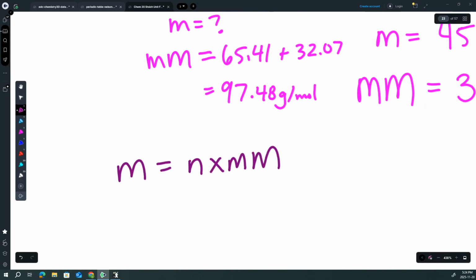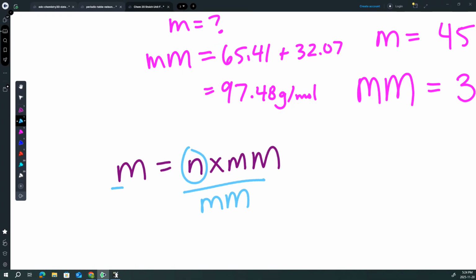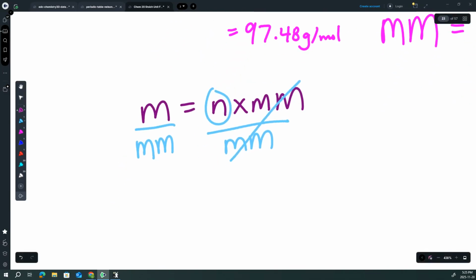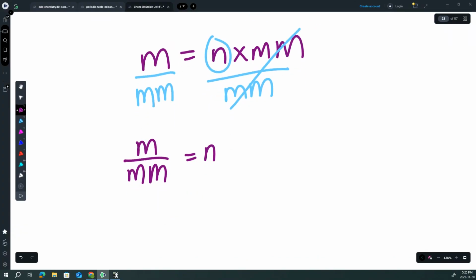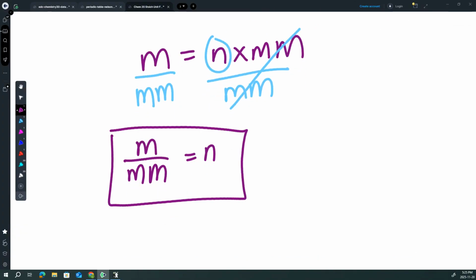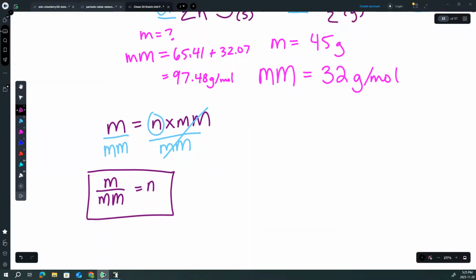We want to rearrange this to isolate for moles. Molar mass is multiplying moles, so the opposite of multiplying is dividing. I have to divide both sides by molar mass. Those cancel out, and we get mass divided by molar mass is equal to moles. That is the formula I'm using here.